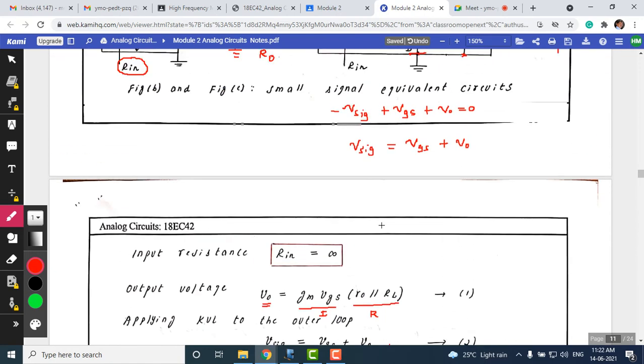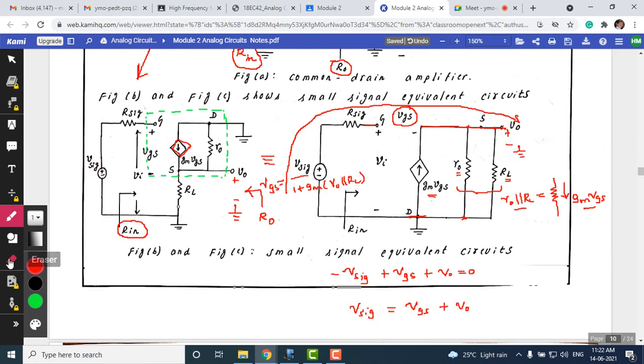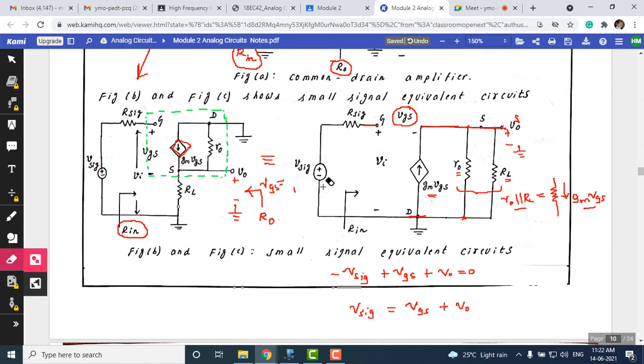Looking at the circuit, since the input resistance is infinity, there is an open circuit here and no current flows. The current going through this is 0, so I is equal to 0, because there is an open circuit between the gate and source.